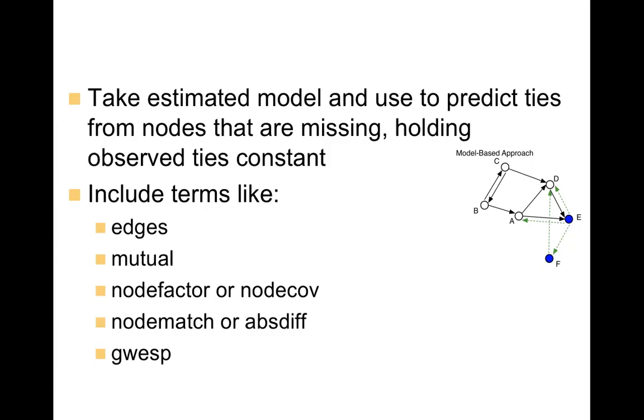And so, for example, you take the observed network, you estimate a model using homophily terms, and people who have the same gender are more likely to have a tie.